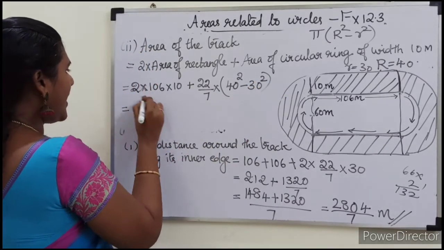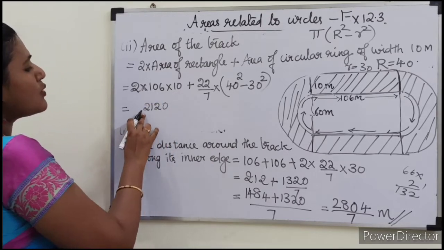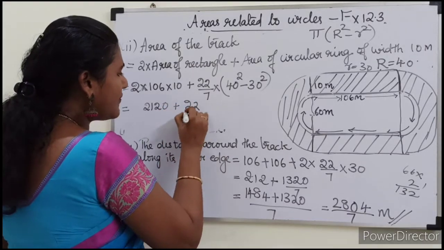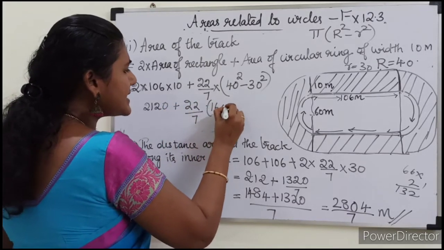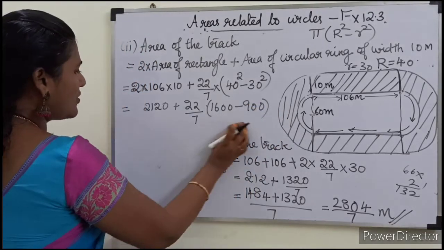So, when you multiply, you will get 2120 plus, here we will simplify, 1600 minus 900. So, we will simplify now.